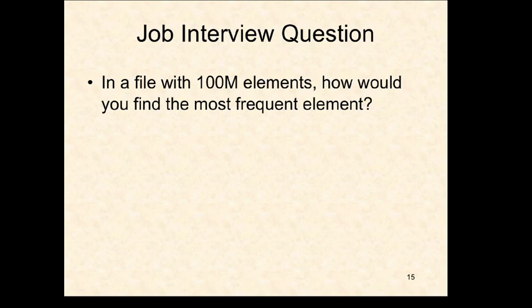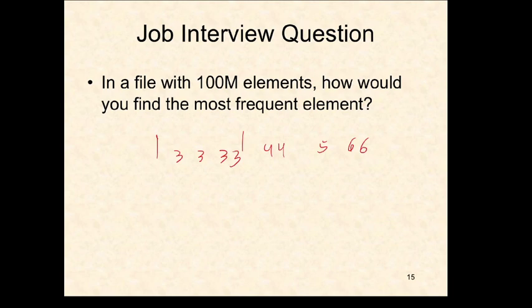With 100 million items, we can't make an array that big, so we could do merge sort on disk, and then we could find the biggest consecutive region of like 3, 3, 3, 3, 4, 4, 5, 6, 6. So we would sort it. Then once we find that it's sorted, we can find the biggest consecutive region.